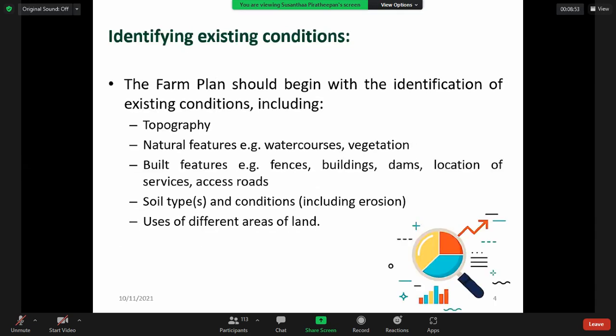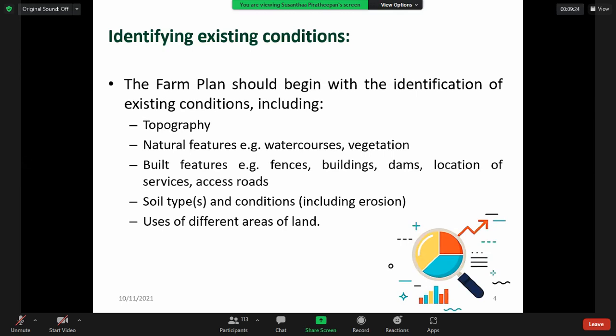And the next step, before starting the farm planning, is that we should identify the existing conditions we have. Before going to any other places, we should assess what we have. Nowadays, before leaving home, we usually check whether we have a mask, or bike riders check whether they have a license and helmet.